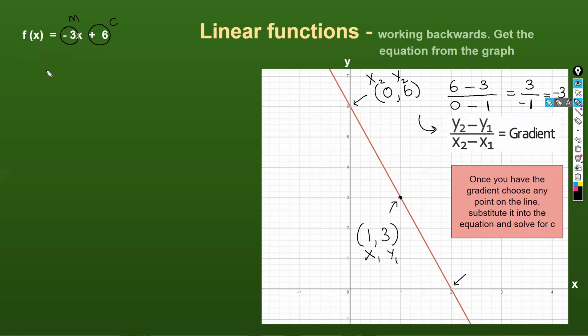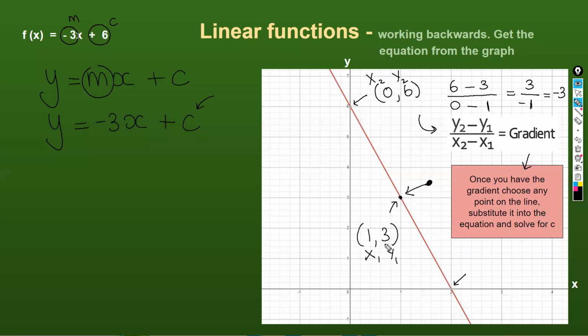So this is what we know so far. The equation of any straight line is y is equal to mx plus c. It's always going to be in that format. And we just calculated the gradient is -3. We just have to find c, or your y-intercept. To find the y-intercept, you choose any one point on the line. I'm going to choose the middle point here.